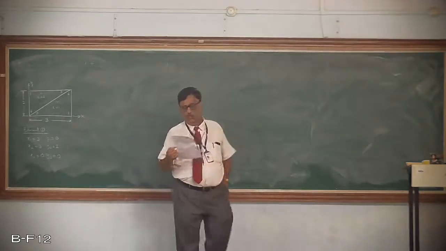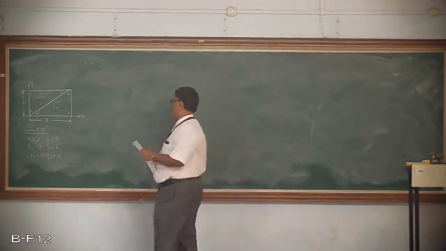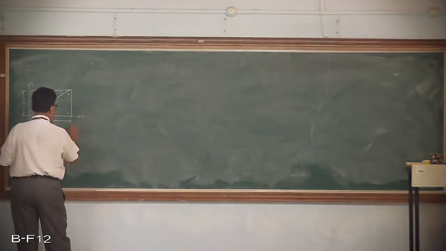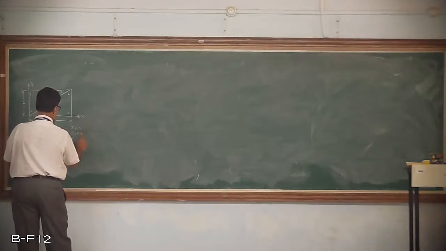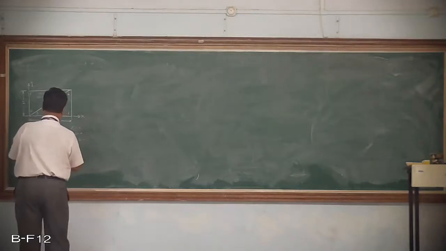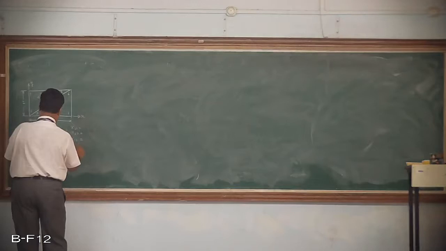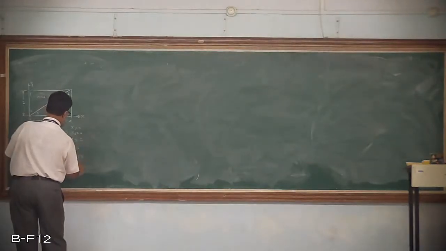Now, if we look at the B matrix just now, what we need is x21, x32, x13, all this we need, and y12, y23, and y31.